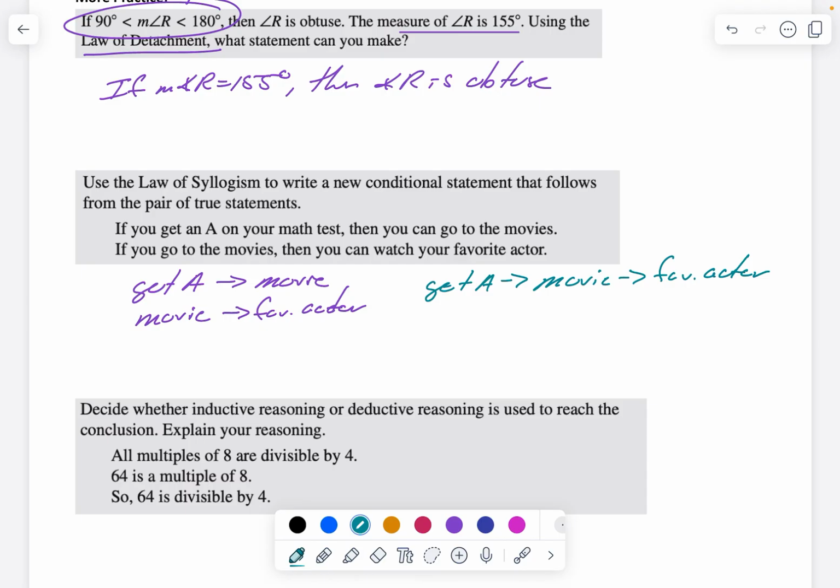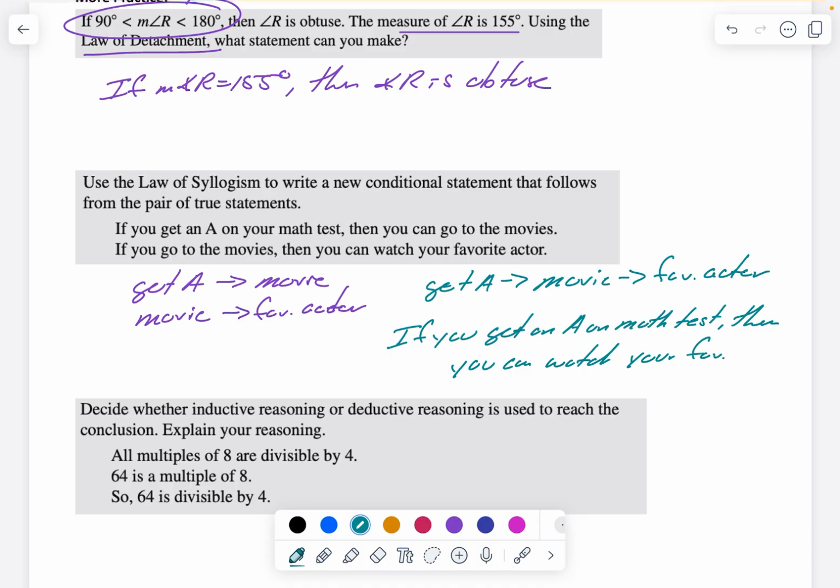So we can say our conditional statement would be, if you get an A on your math test, then you can watch your favorite actor.